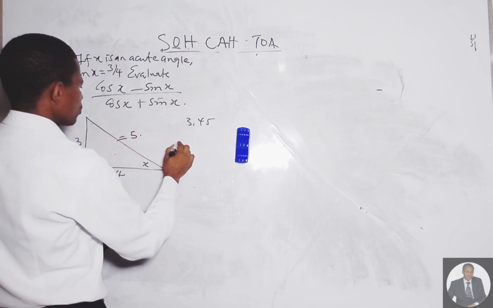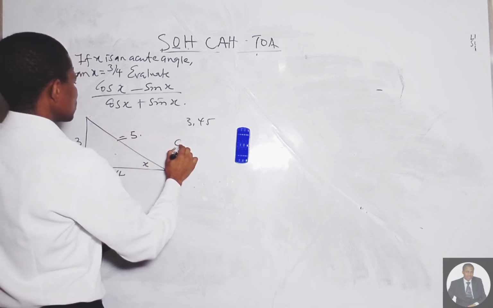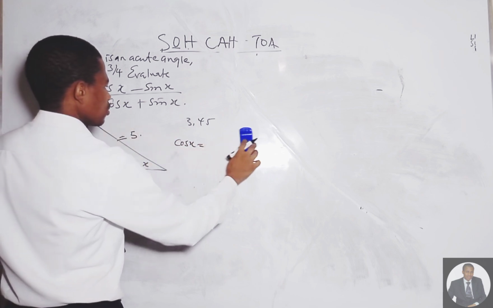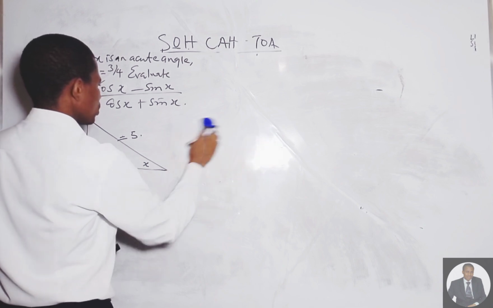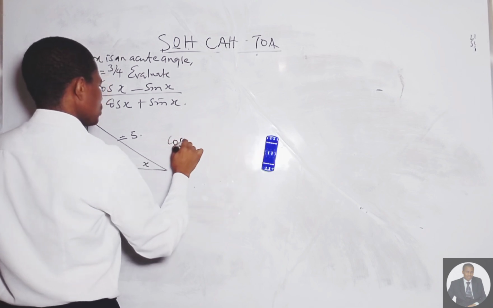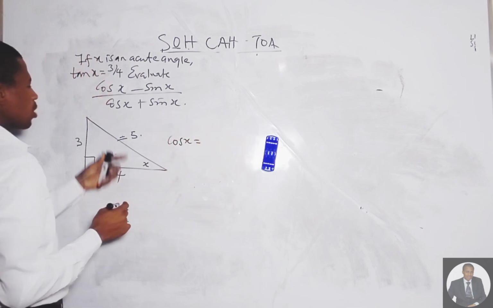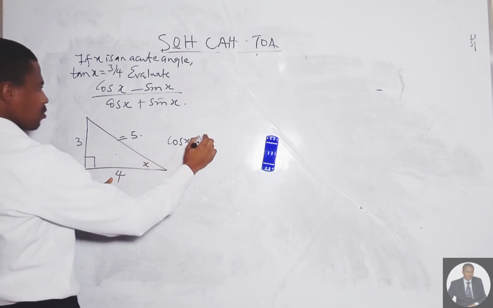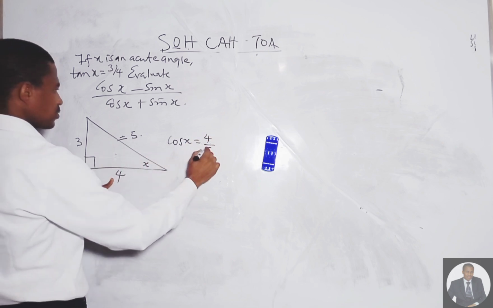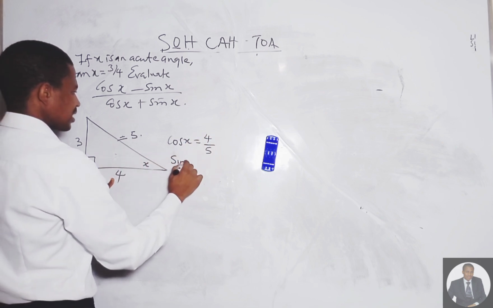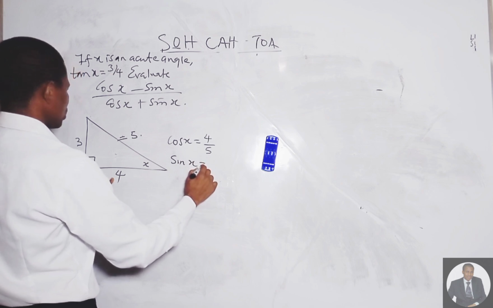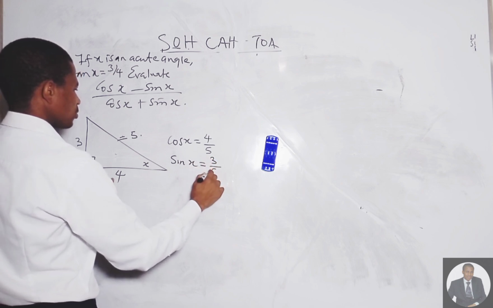So from there we can calculate cos x. Cos x will be adjacent, that's 4, over hypotenuse 5, while sin x will be opposite, 3, over hypotenuse 5.